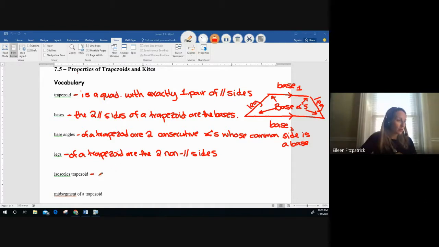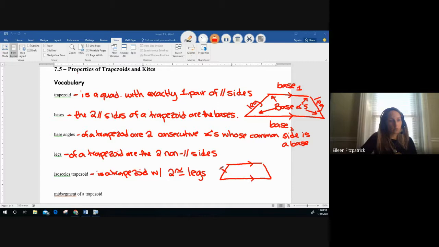So an isosceles trapezoid is a trapezoid with two congruent legs. Okay. So just as a quick sketch, if you have a trapezoid where the two legs are congruent, then that would be an isosceles trapezoid.